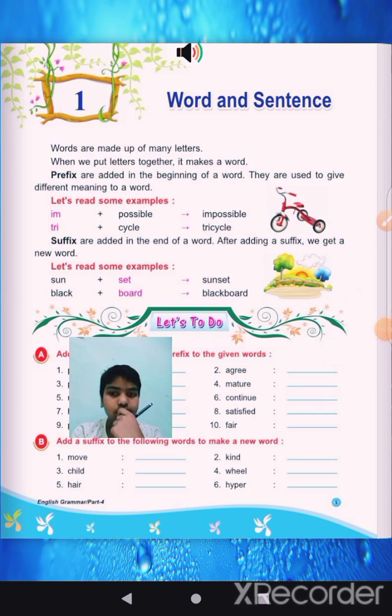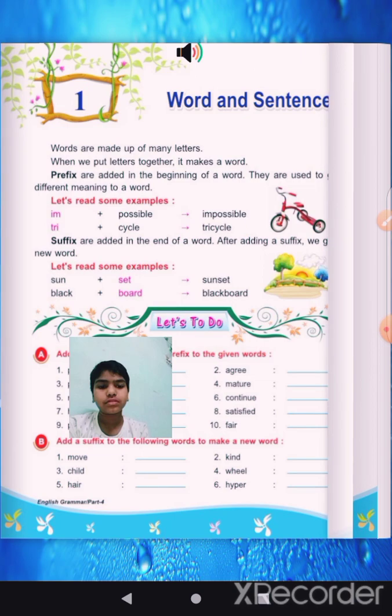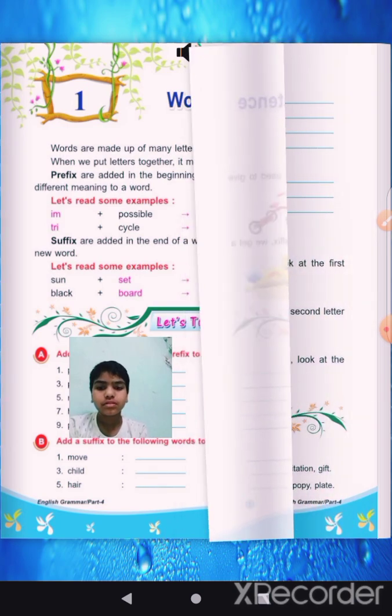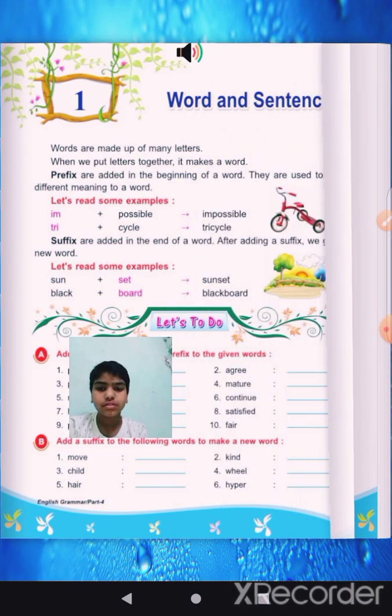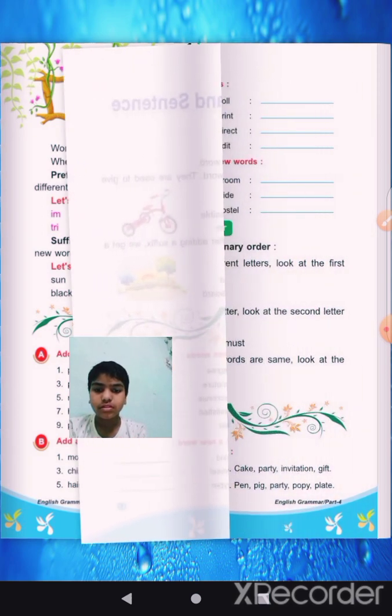Let's read some examples. Im plus possible, impossible. Tri plus cycle, tricycle. Suffixes are added in the end of a word. After adding a suffix, we get a new word. Let's see some examples. Sun plus set, sunset.